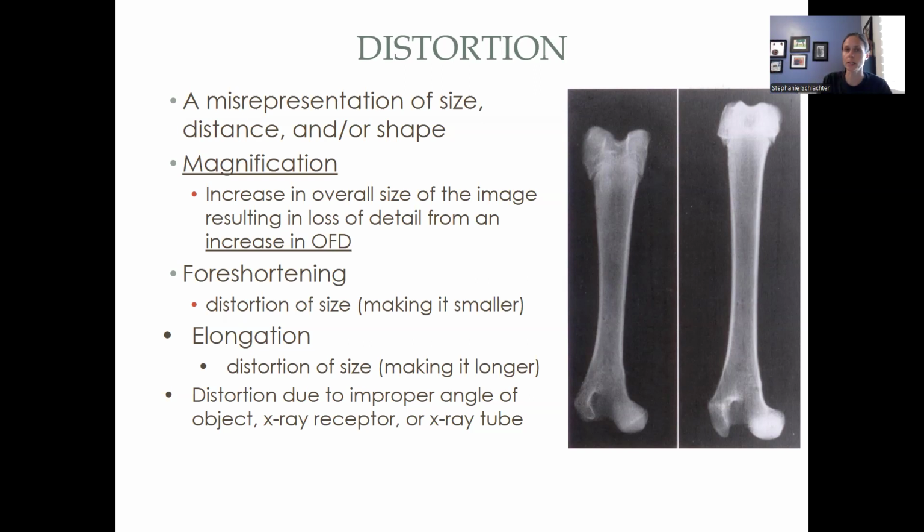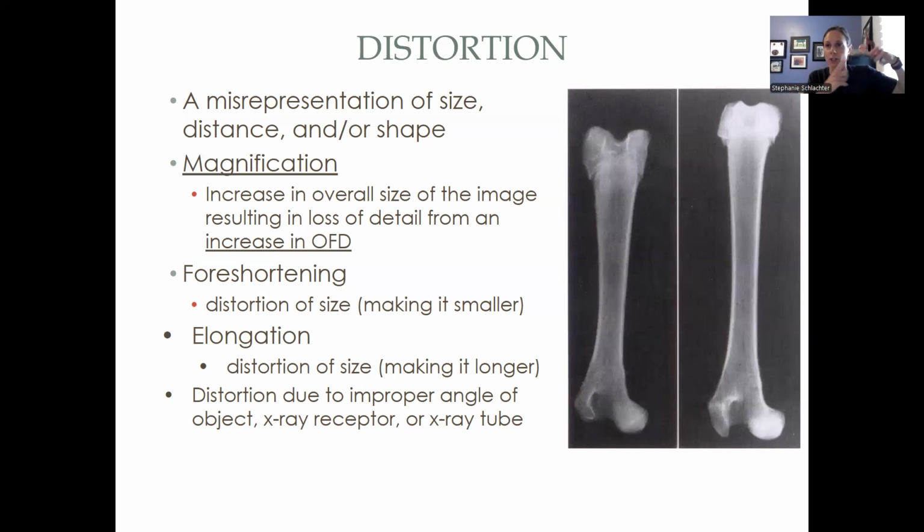And we talked about OFD last week, right? Our object film distance. So if we increase our object film distance, if my hand here is the table or the recording surface, to minimize magnification, I want my object that I'm radiographing as close to that as possible. But if I raise up that object, then I start magnifying.